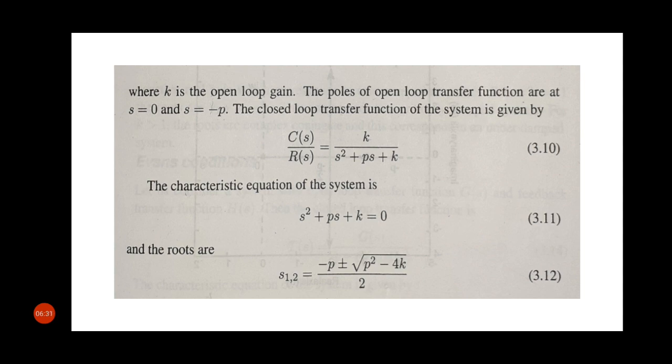From this equation we can note that for all positive values of p and K, the given second order system has its roots in the left half of the s-plane. Therefore, the system is always stable for all positive values of p and K. But the relative stability of the system is decided by the location of the roots, that means the poles of the system.